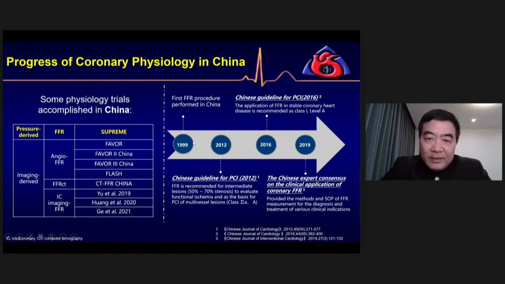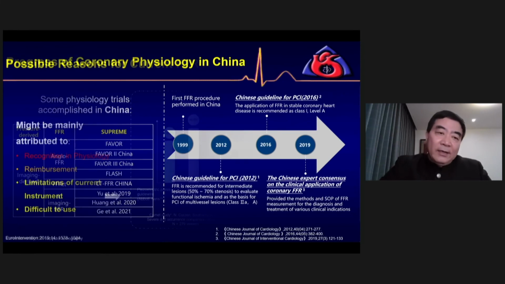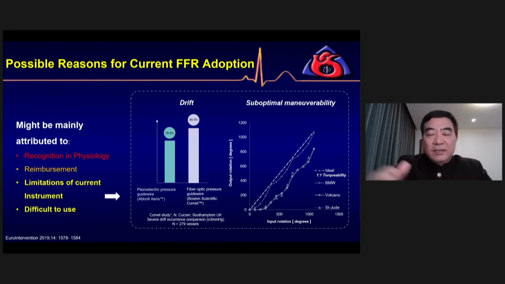Now, in 1999, we introduced this technique, but in the early years, it developed very slowly, even though we have consensus or guidelines from our society for using it to guide PCI, it is not commonly used. If we look for the reason why, I think it is because in China, the development between east and west is very uneven.